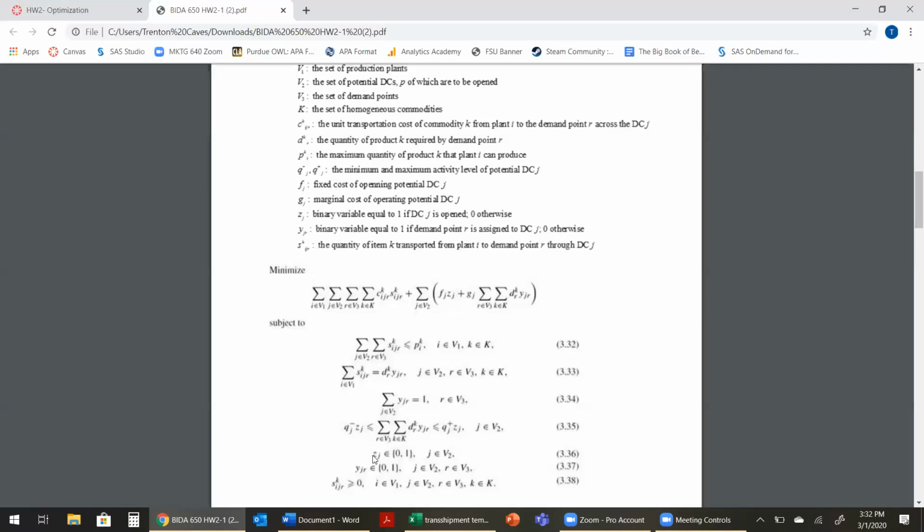Z_j is a subset of 0 or 1. Basically it means Z is limited to 0 or 1, and j is a subset of V2. V2 is the distribution centers. So it's identifying which distribution centers are opened.